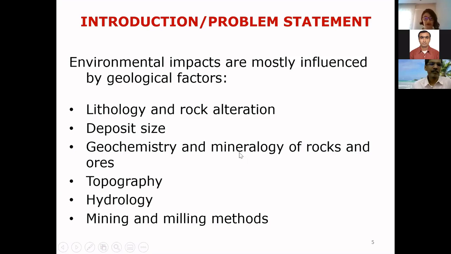Topography and hydrology are other factors spreading the contaminants, because drainage systems can transport polluting materials to other basins. Mining and milling methods are also important. For example, open mining activities have much more detrimental effects.